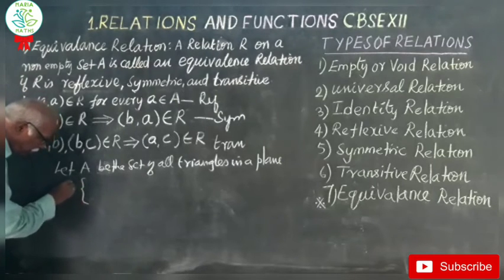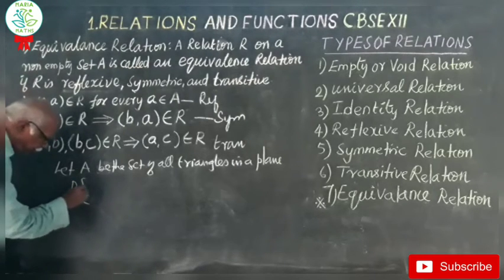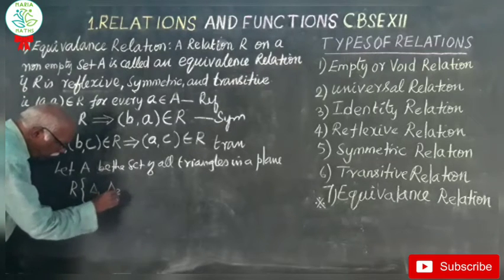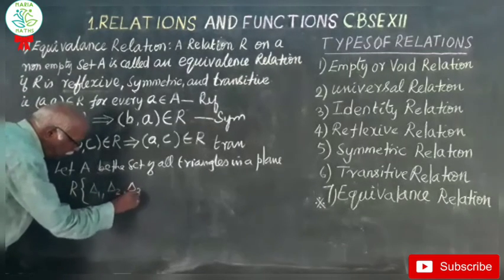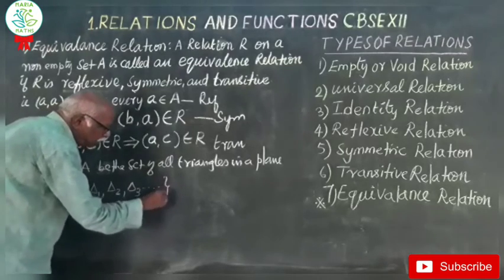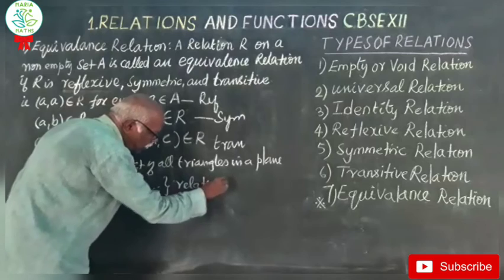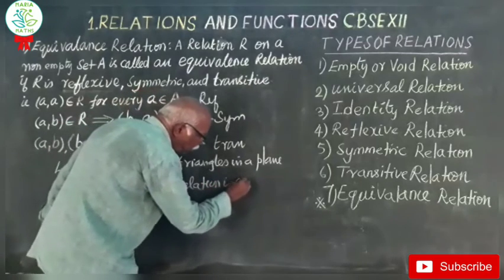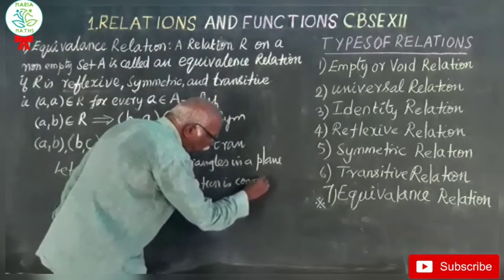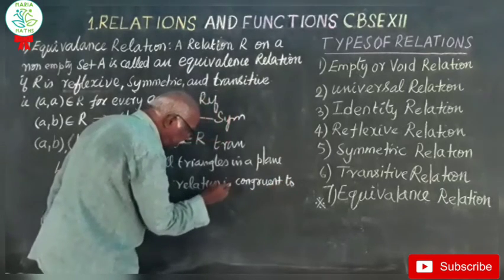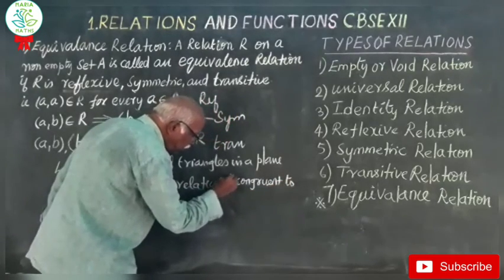So, the relation is triangle 1, triangle 2, triangle 3 and so on. The relation is congruent to.